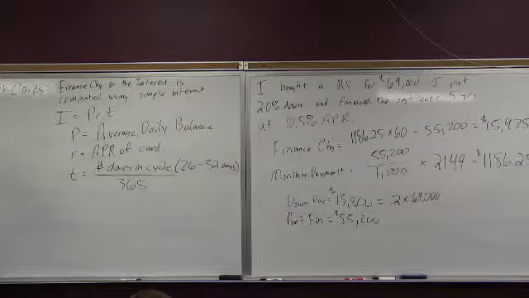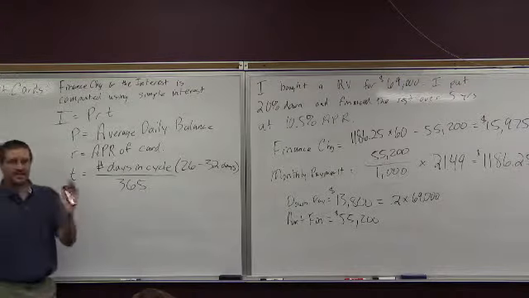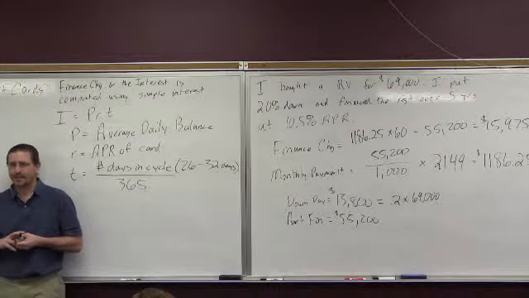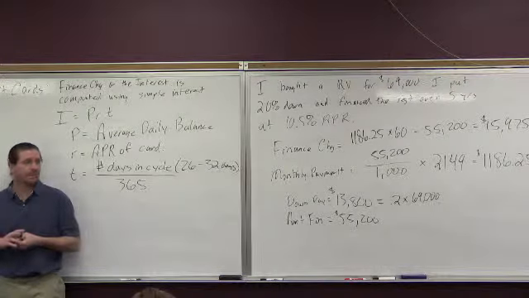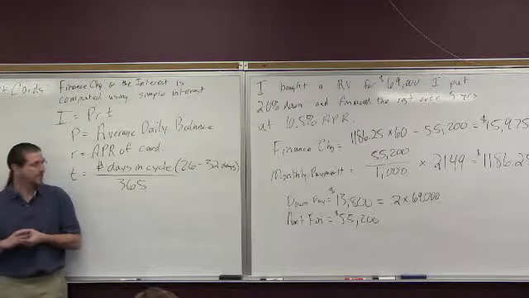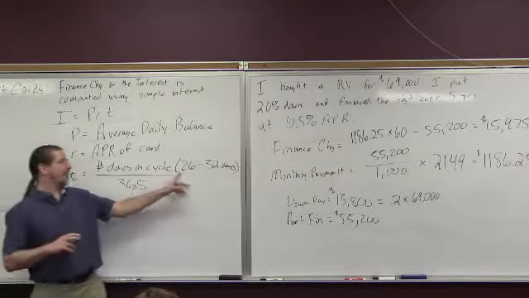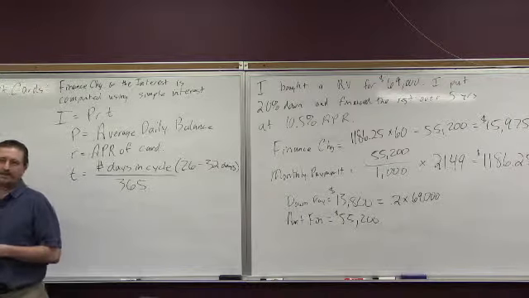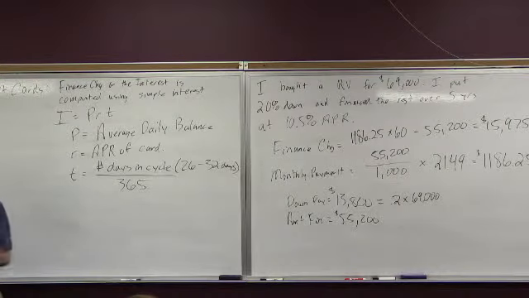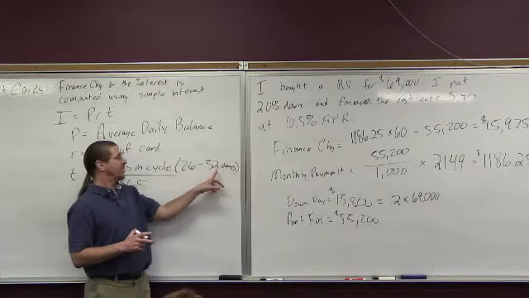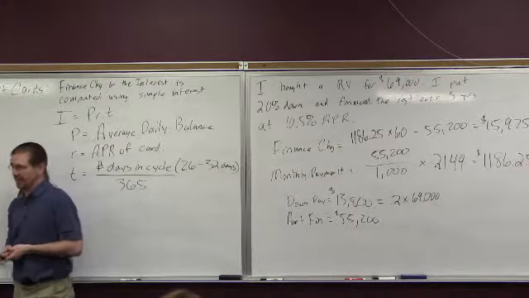Now, little tidbit of information about credit cards. The number of days in your billing cycles, most people think that the credit card just always says it's going to be a 30-day billing cycle. Nah. If you read the fine print on your credit card statement every month, it will tell you when you agreed to take this loan with them that they have the right to adjust the number of days in the billing cycle anytime they want, as long as the number of days in the billing cycle are at least 26 days and no more than 32 days.